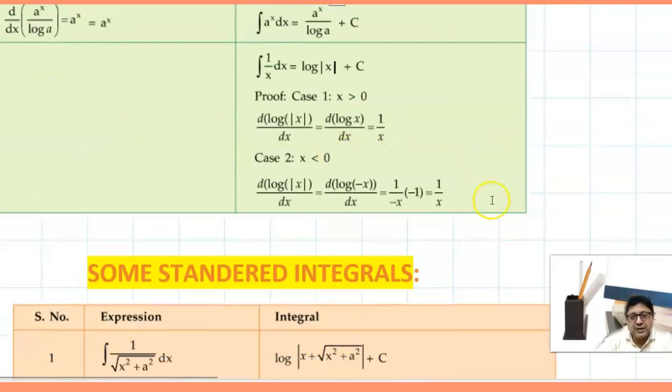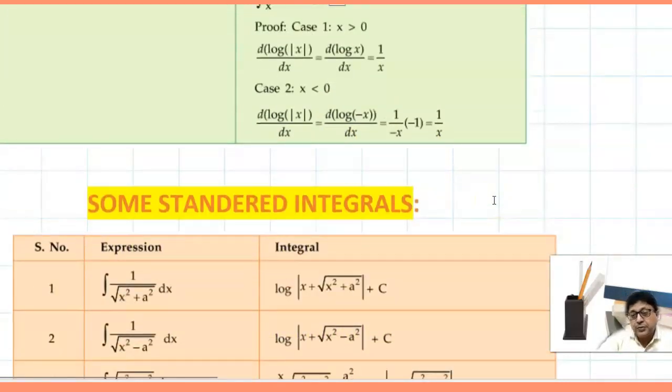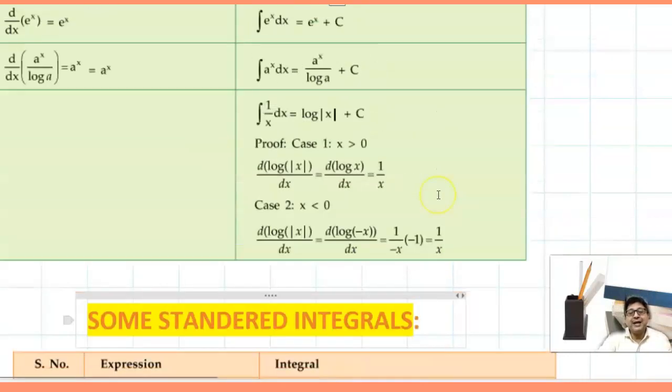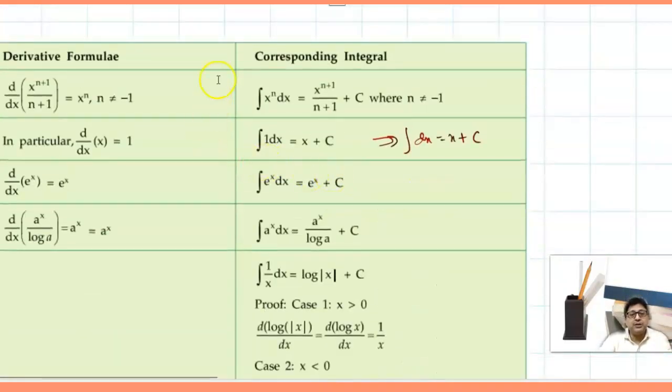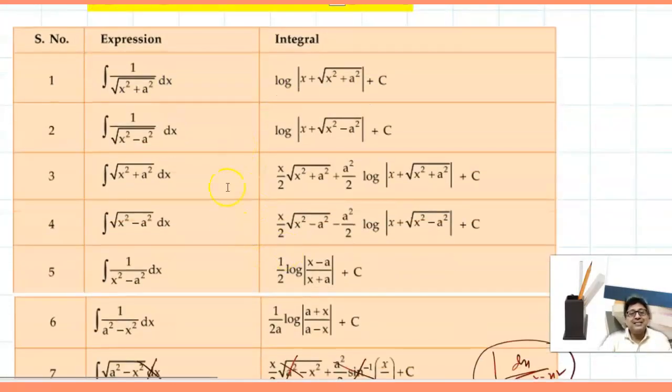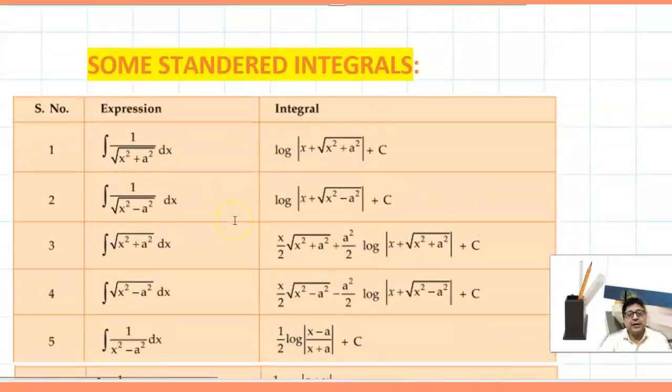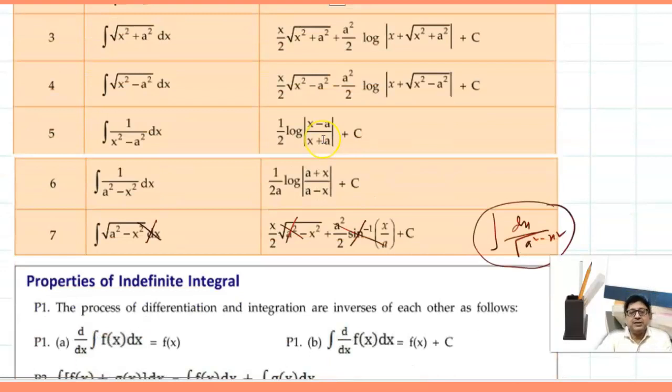Clear? All of you understand what you can expect in your board paper. Sums will be exclusively based on these 5 formulas and these 6 standard integrals. No other formula, no other integration method is required.